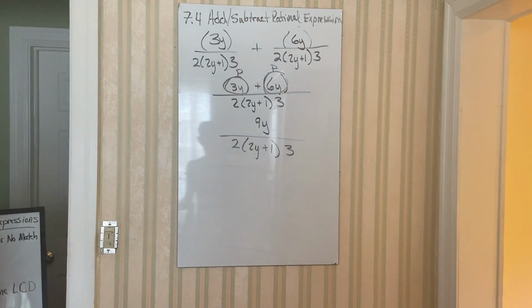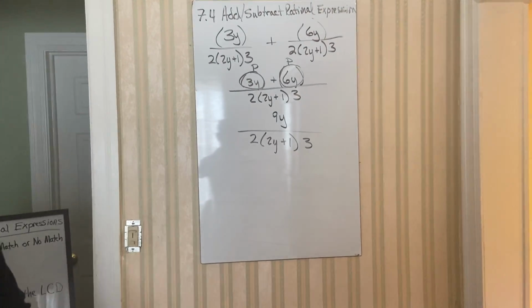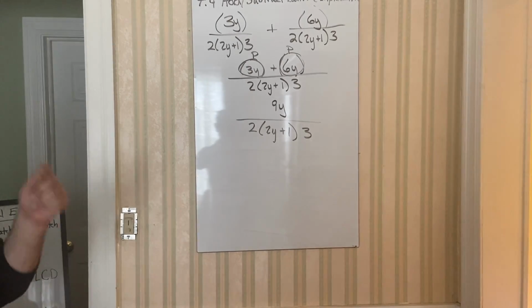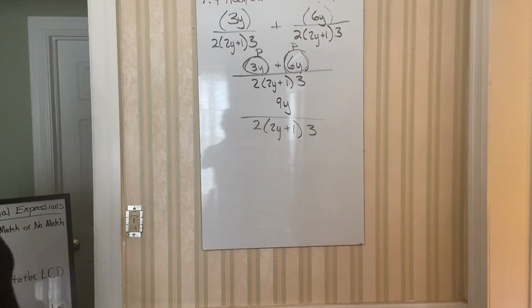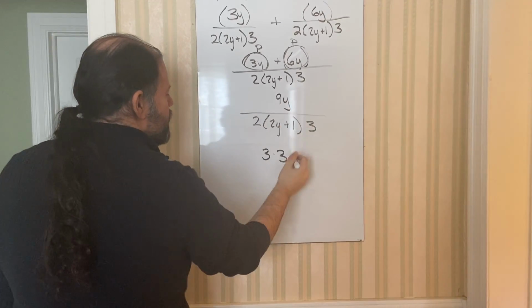The last thing that you have to do is see if you can simplify this. Now the bottom's already factored out, so I don't have to do that. But the top, it's a monomial. Remember, monomials is the only one that I say do a tree diagram. So that's 3 times 3 for 9, and then the y on the side.